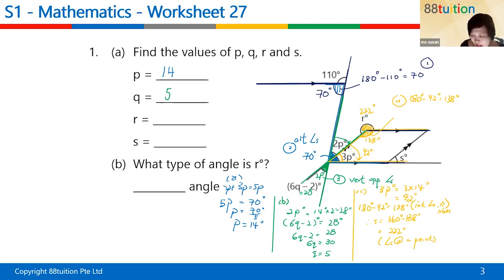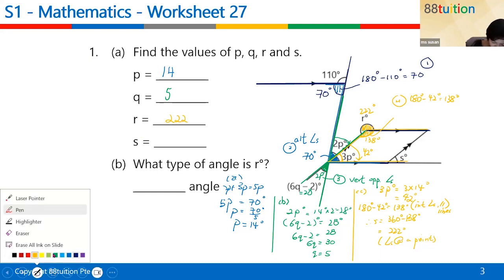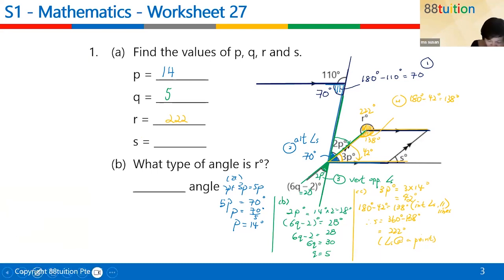That is for R. Next question will be S. Let's look for S. Okay, now S is here. In order to have S, do you realize that you have this one? Let me draw this up. And you have this as a parallel line. So this one is the extended line.